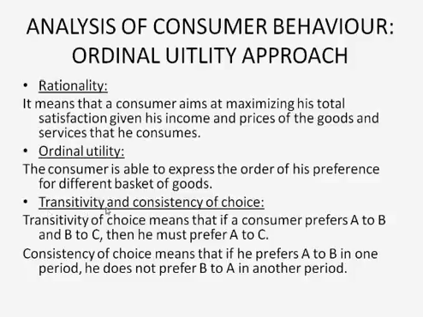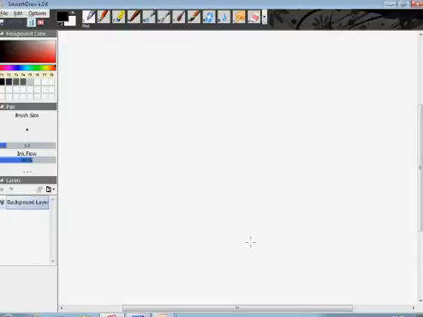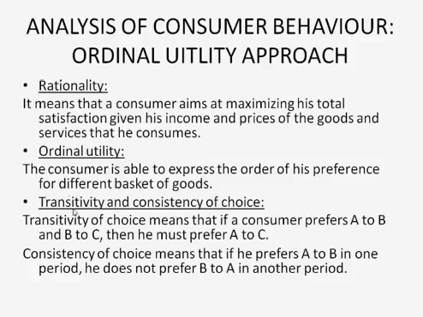Next assumption is transitivity and consistency of choice. Transitivity means that if a consumer prefers A to B and B to C, then he must prefer A to C. Likewise, if the consumer says that for him A is equal to B and B is equal to C, it means that for him A will be equal to C. Next assumption is that the consumer has consistency of choice.